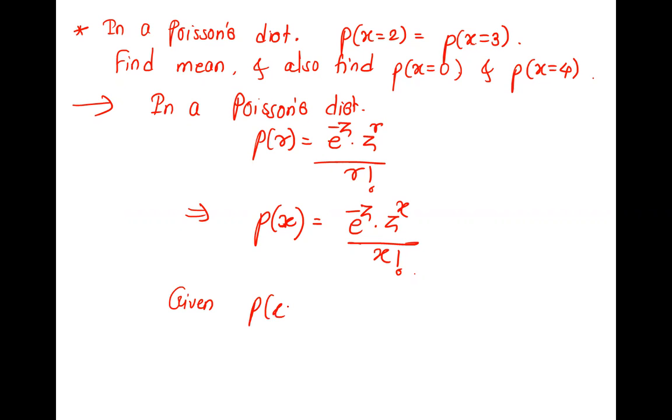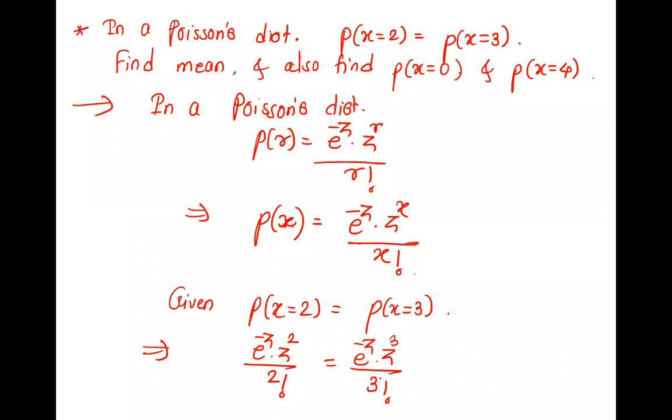Given is probability of X is 2 equals probability of X is 3. So we write X is 2 on one side and X is 3 on the other. e raised to minus Z, Z raised to 2 upon 2 factorial is equal to e raised to minus Z, Z raised to 3 upon 3 factorial.